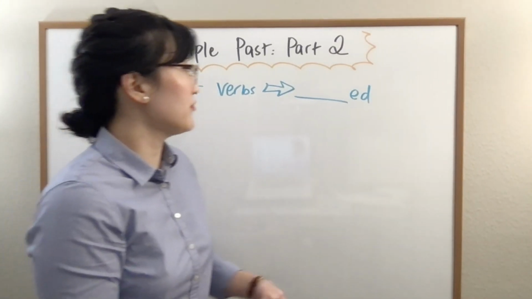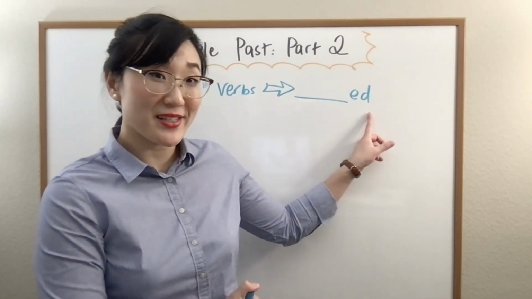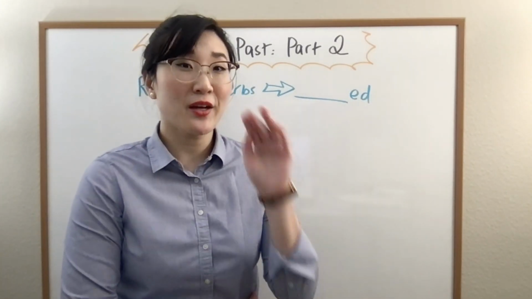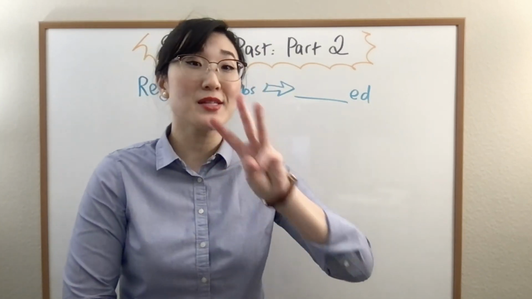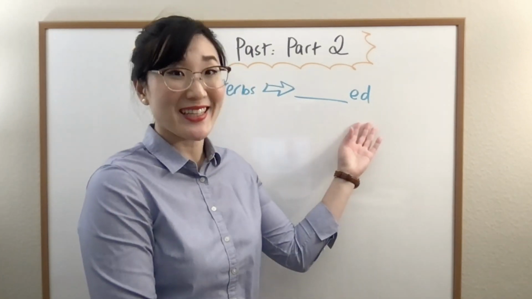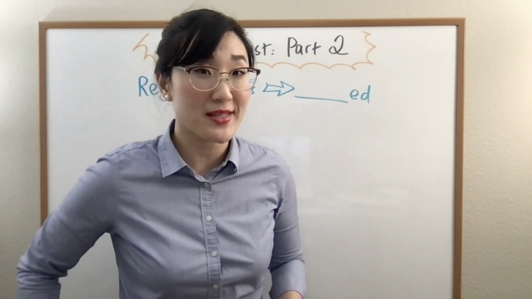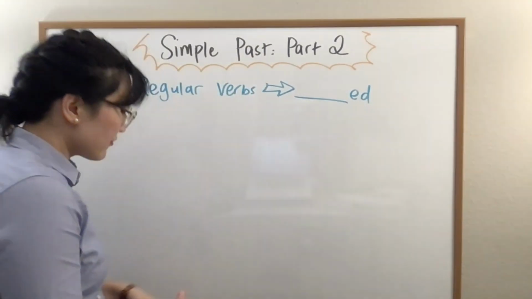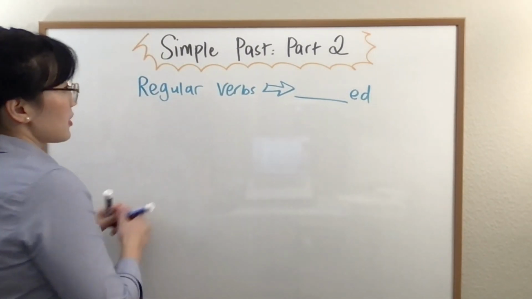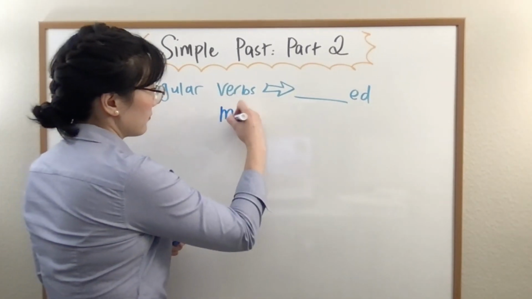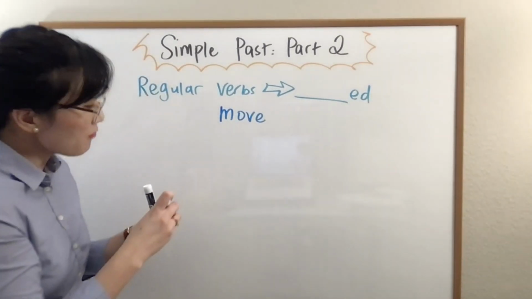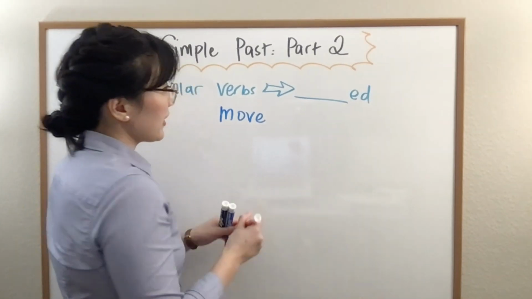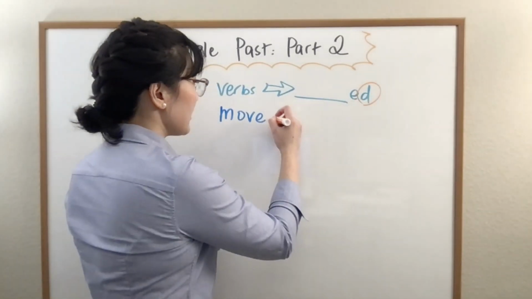Now, I have another video to explain this because in English, we have 3 pronunciation sounds for this ed. Let me give you a quick example. If I have a verb, let's say my verb is move. If I already have this E, then all I do is add this last part, the D.